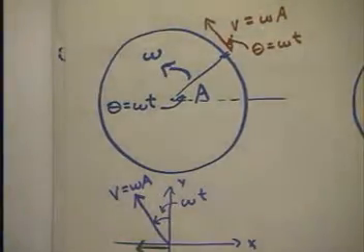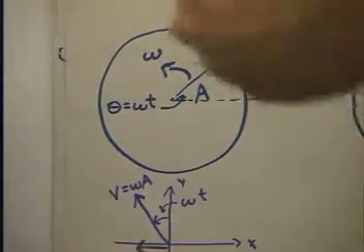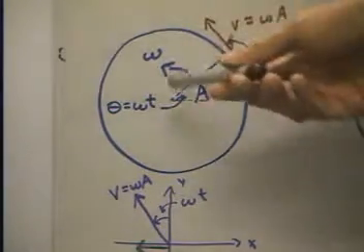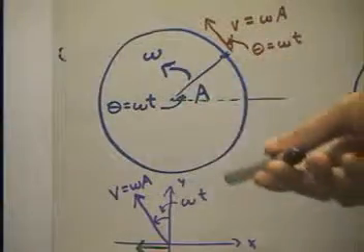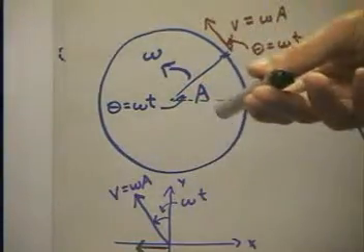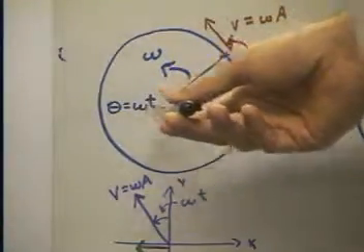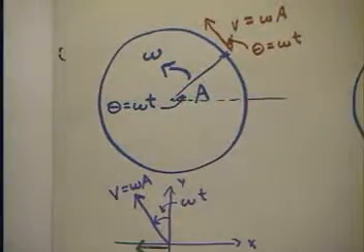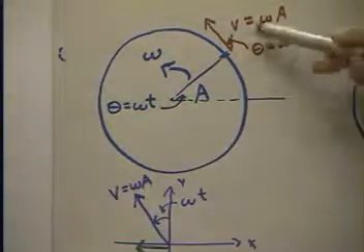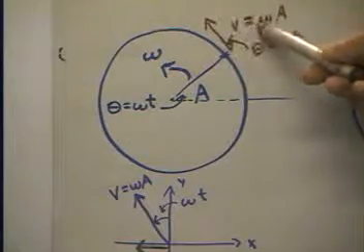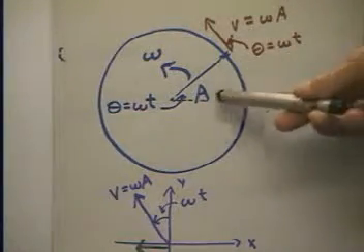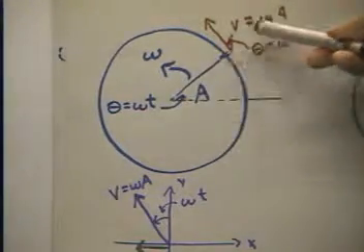What does that have to do with the reference circle model? Well, if we're moving around the reference circle at angular velocity omega, radius a, at a point when theta equals omega t, our velocity here is going to be omega times a, just the angular velocity times the radius of the circle.